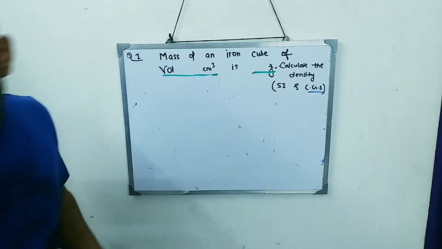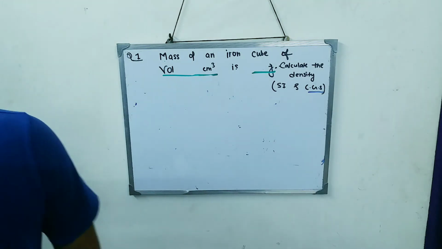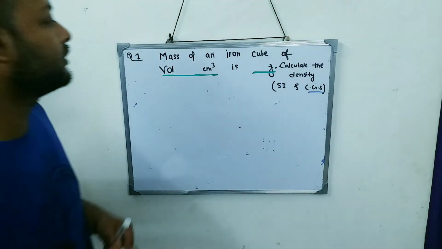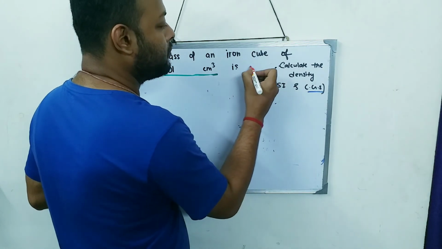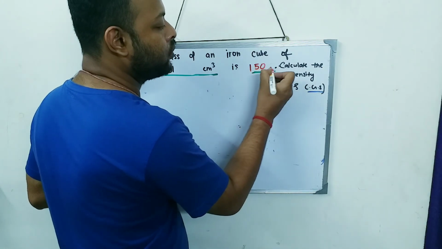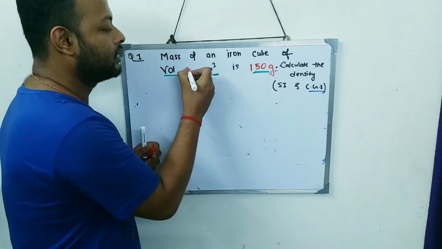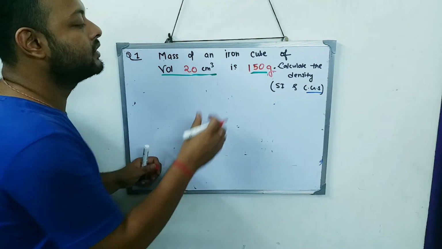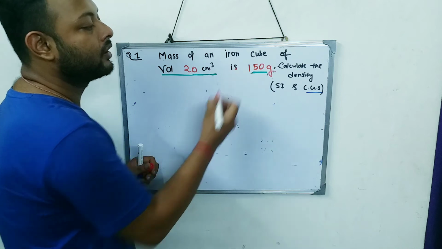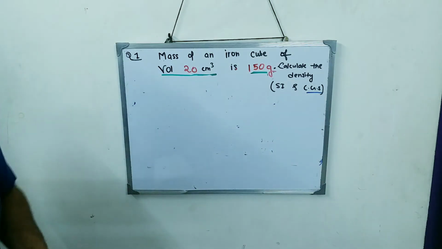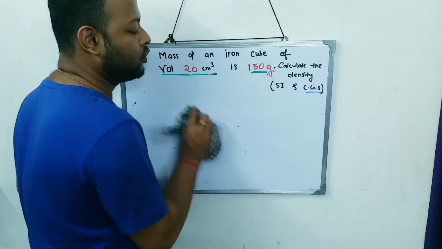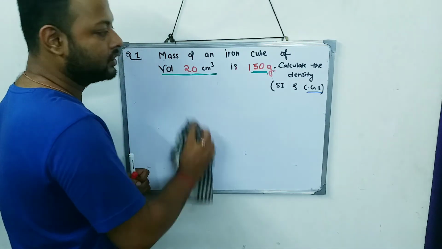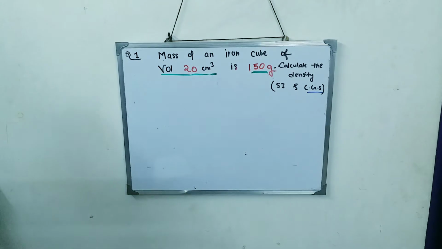The mass is 150 gram and the volume is 20 centimeter cube. Do this entire sum and write the answer in the comment section. I think that much you can do for me.